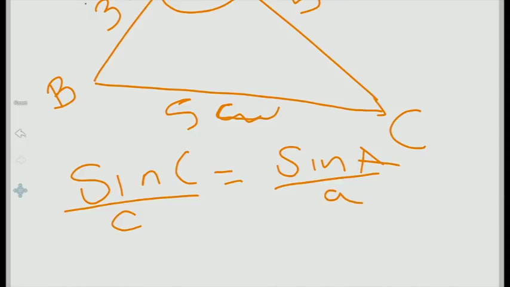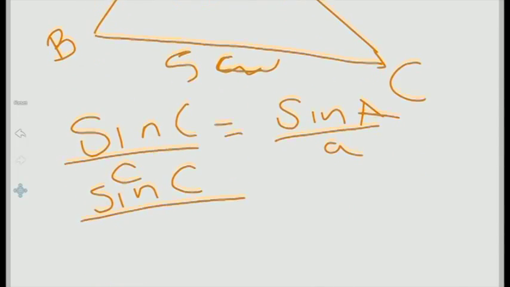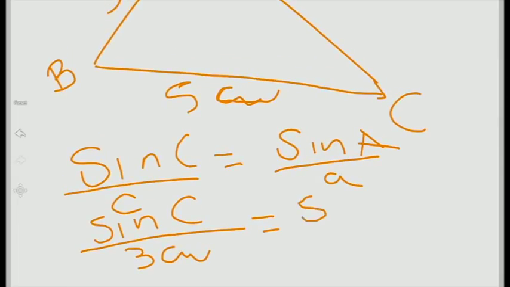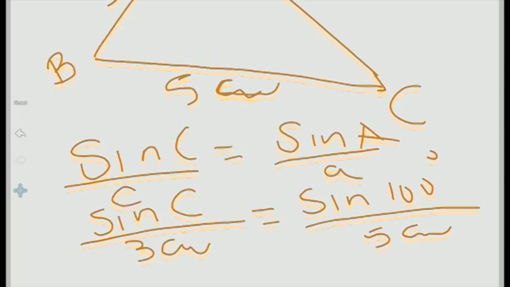We do not have angle C, but we do have side C. We have angle A, we have side A. So let's substitute. Sine C over C, which is 3 centimeters, is equal to the sine of angle A, which is 100 degrees, over 5 centimeters, which is side A.